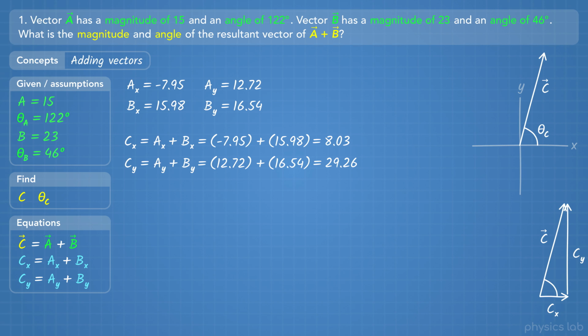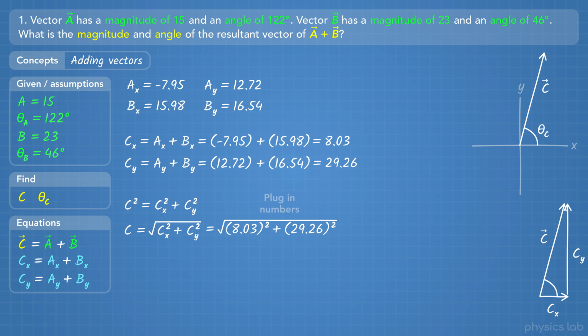Now that we have the components of vector C, we can find its magnitude and angle. We use the Pythagorean theorem to find the magnitude. If we rearrange that, then C equals the square root of Cx squared plus Cy squared.